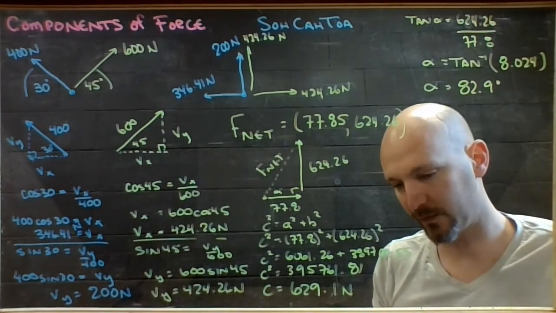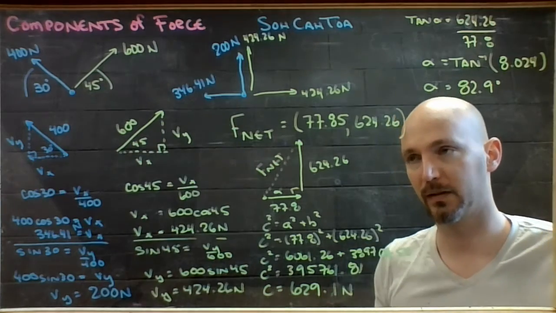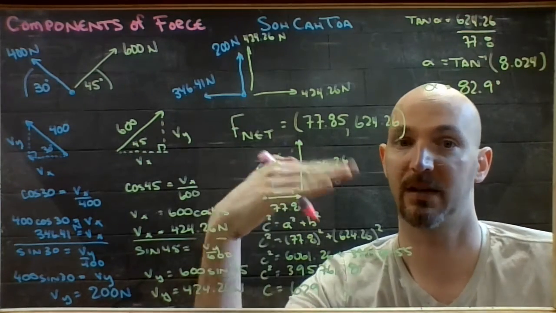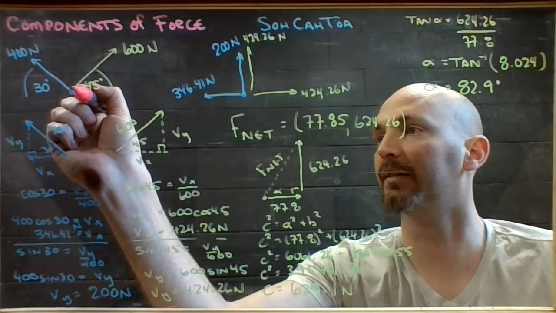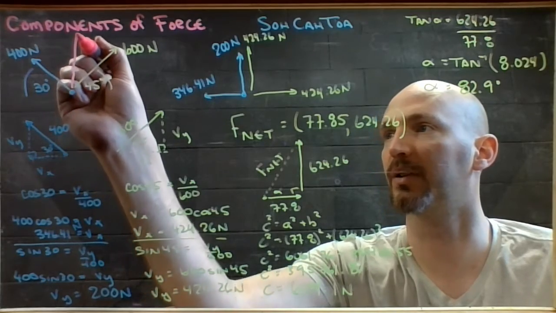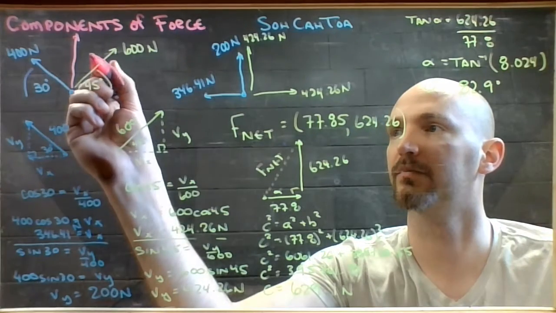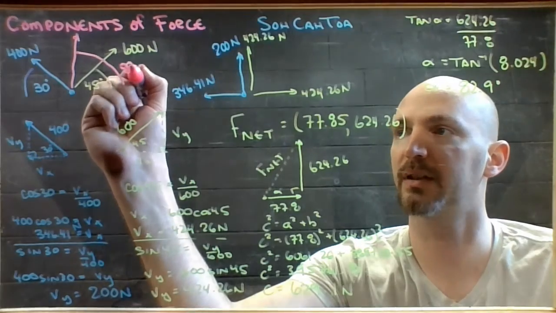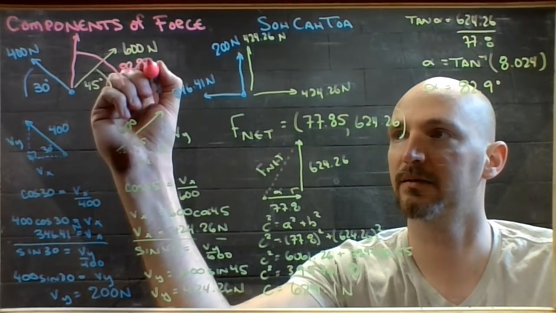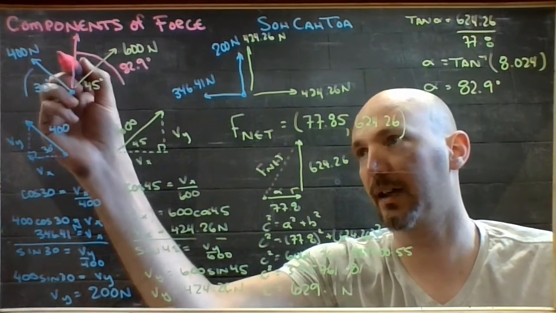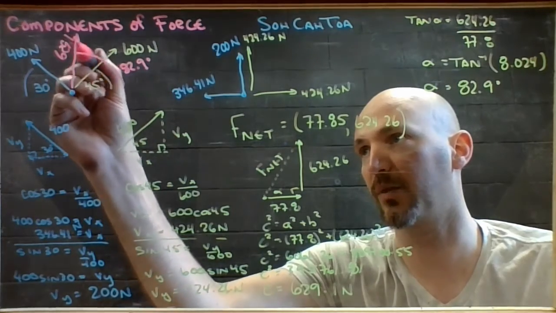So my net force then, notice how it's here tipped up, is almost vertical, but not quite. 82.9 degrees. And it is 629.1 newtons.